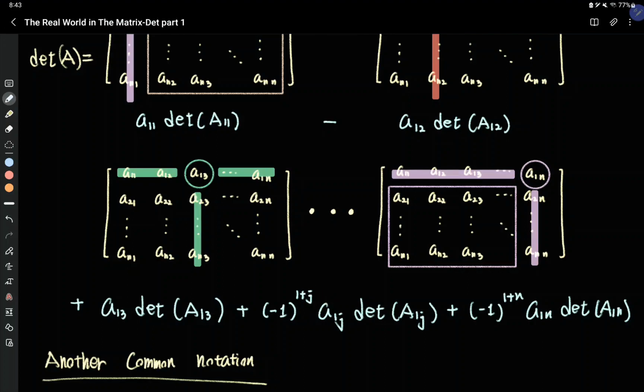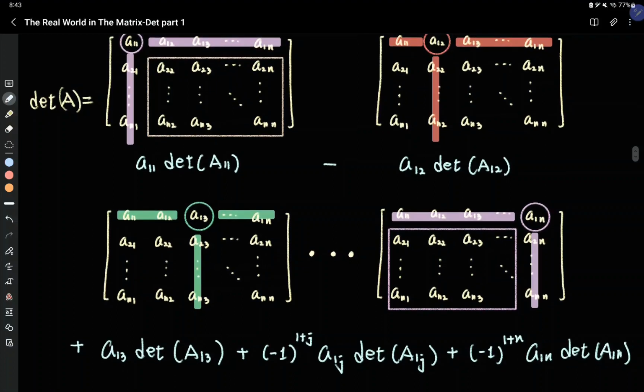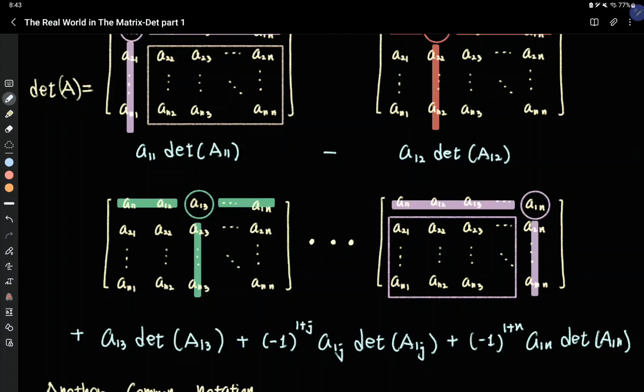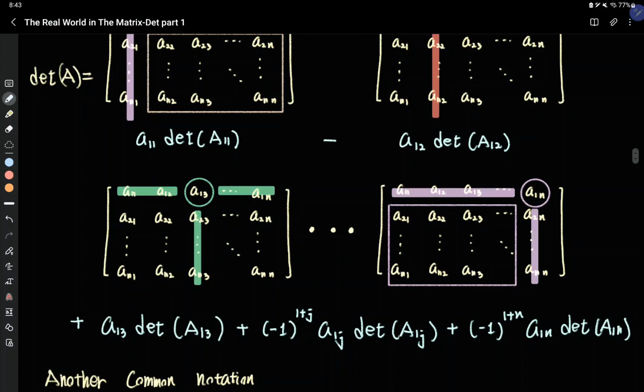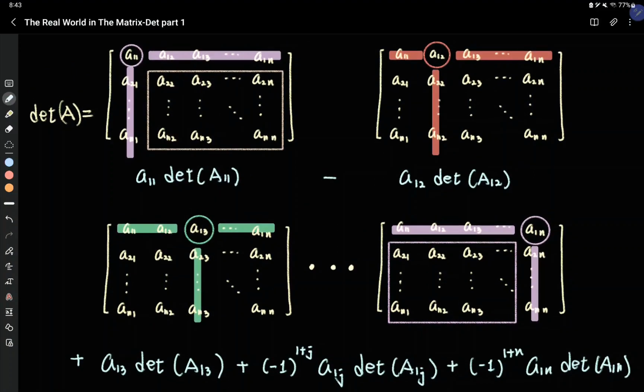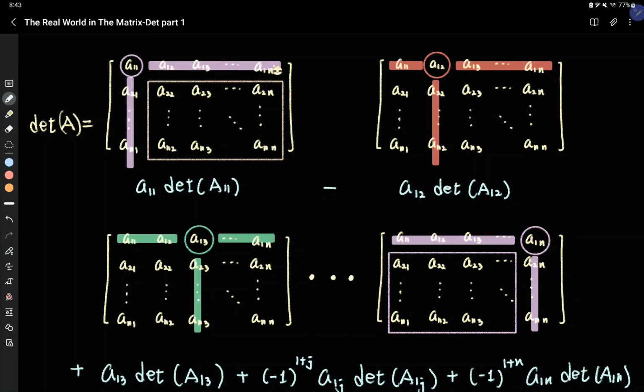Okay, so now we have formalized the determinant of A like this. But instead of the first row, we can choose the second row, third row, any row or column you can choose.